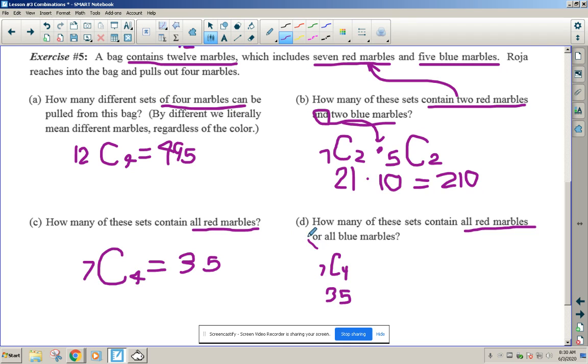And if you recall, the word or is add. So and in probability is multiply, or is add. All blue, well, there were 5 blue marbles. So now from the 5, I want to choose 4 blue, and that gives me 5. So this now gives me 40 ways I can choose all the same color.